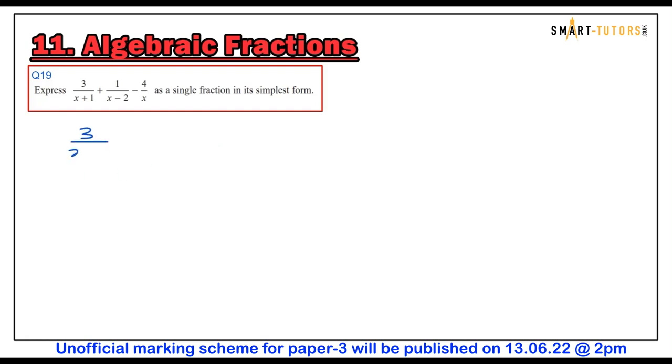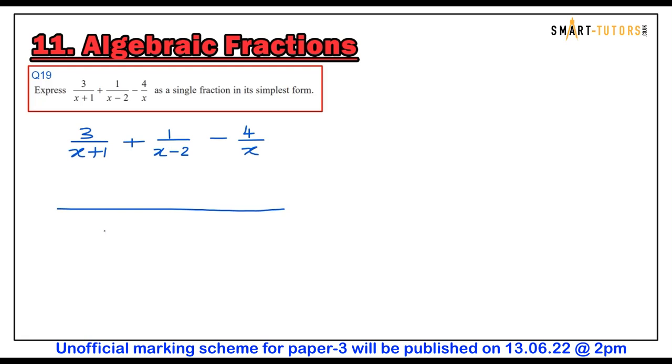3 over x plus 1 plus 1 over x minus 2 minus 4 over x. Now the common denominator is the multiple of all 3 denominator expressions.